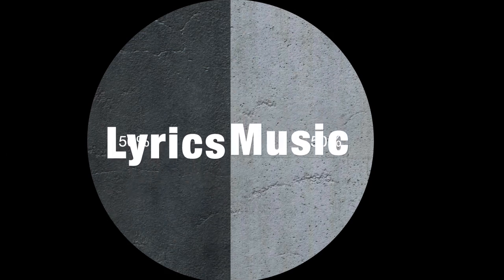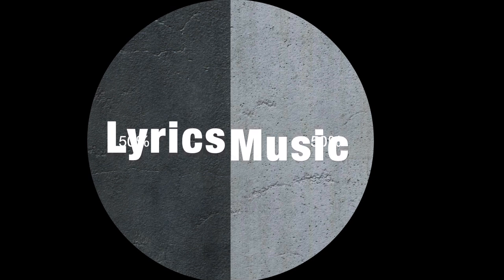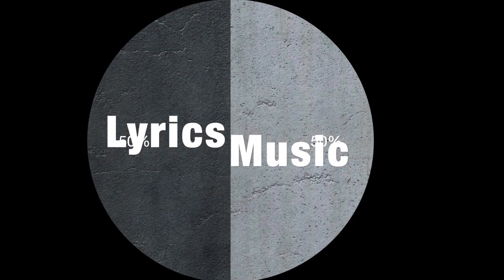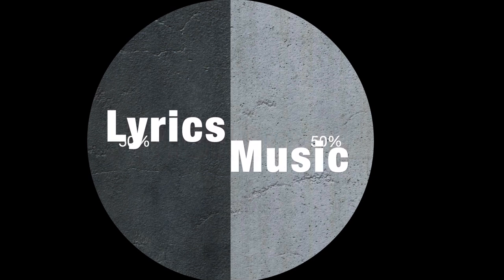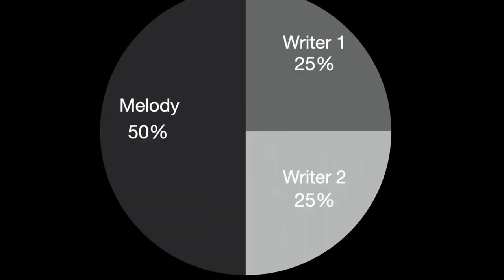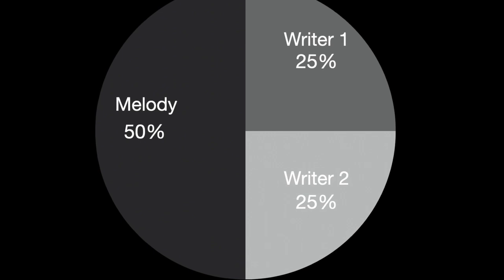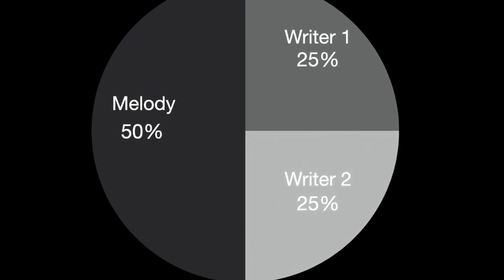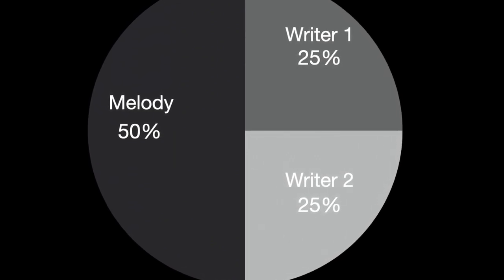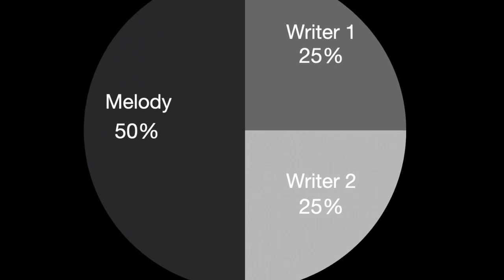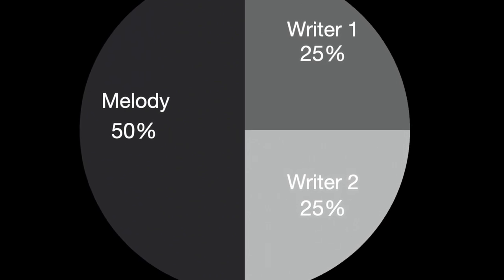For instance, if we have 2 people contribute to the lyrics and 1 person contribute to the melody, then the lyrics percentage of 50% is divisible by 2, while the melody percentage is divisible by 1. Therefore, the writer's share will be 25% to one writer, 25% to the other writer, and 50% to the melody, completing the 100%.